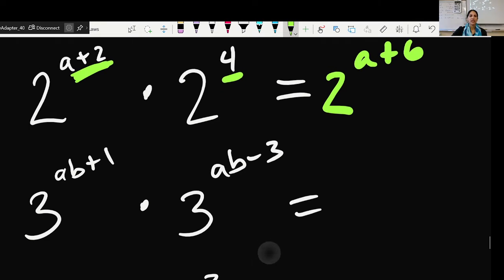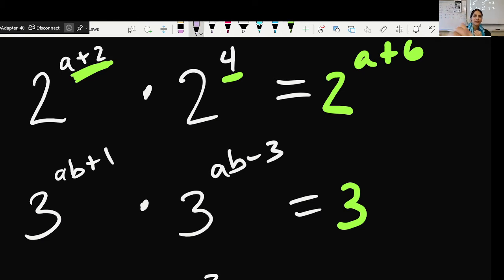How about the next one? 3 to the ab plus 1 times 3 to the ab minus 3. So we have to sort of think our way through this. What do we end up getting when that's the case? So the base is going to be 3.